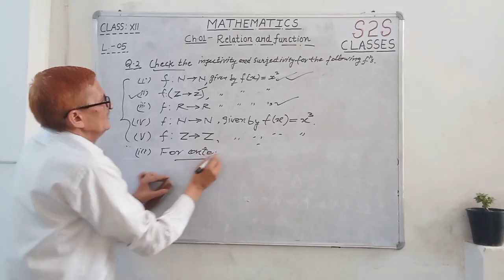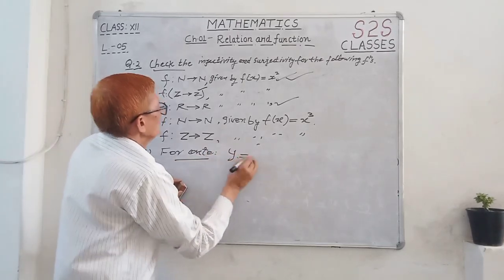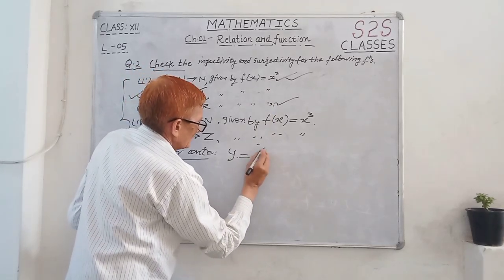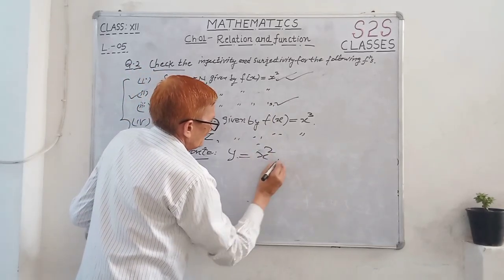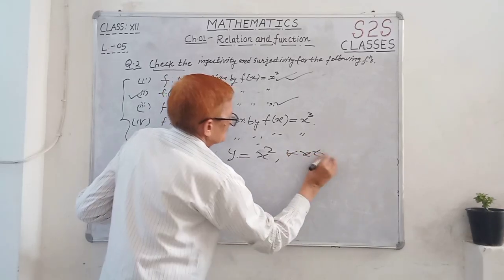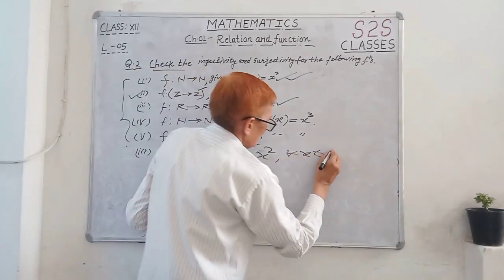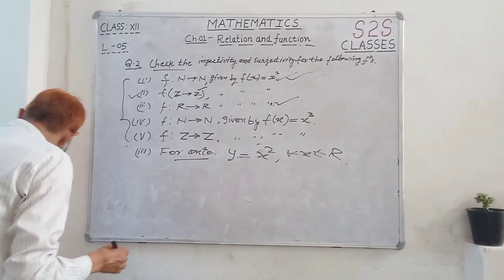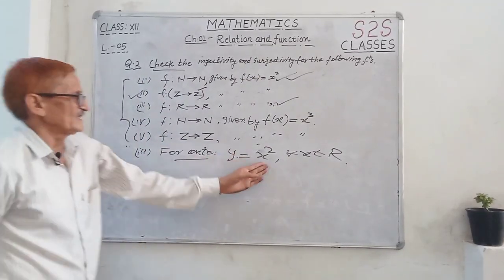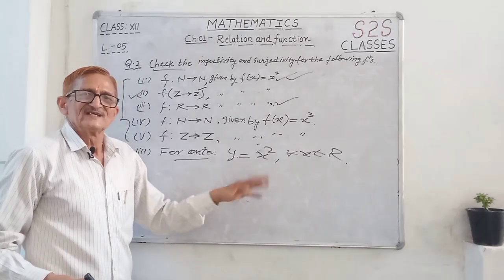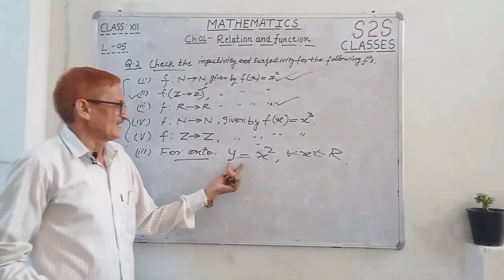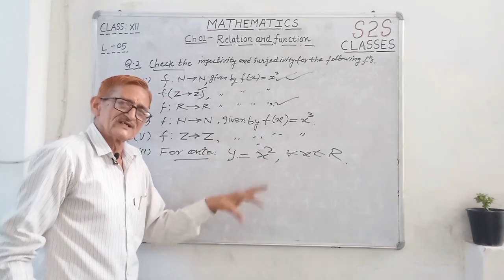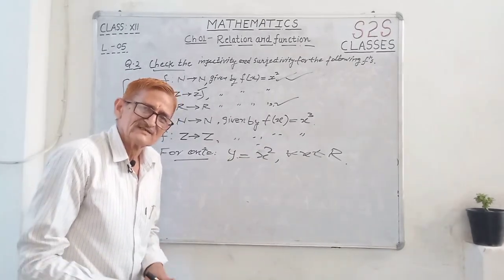So for finding the range for onto, the function is the same, third part, y is equal to x square. For every x belonging to the domain, all real numbers x, what will be y? Y is the perfect square of a real number. Every real number, if negative, the square is positive, so y will be positive always.